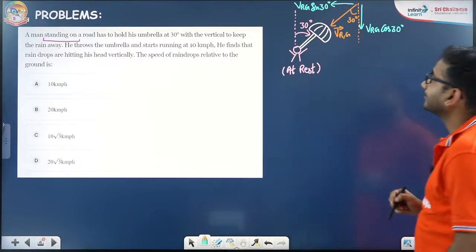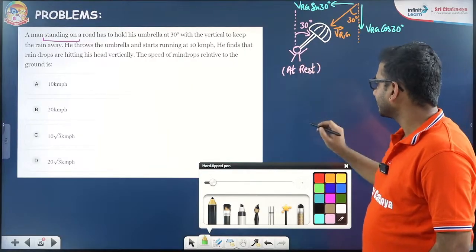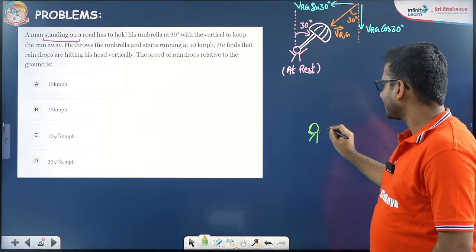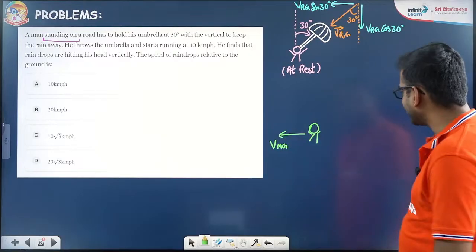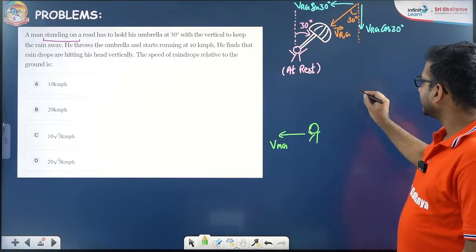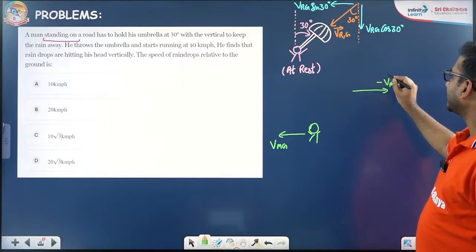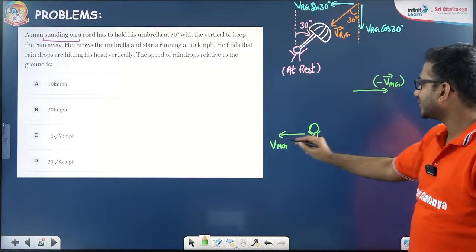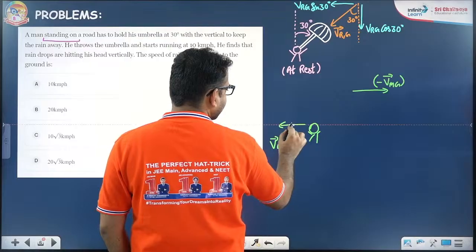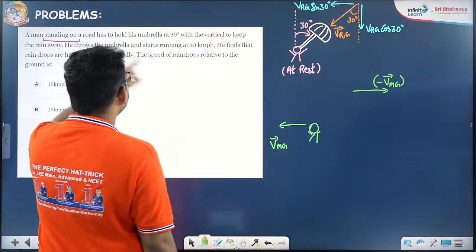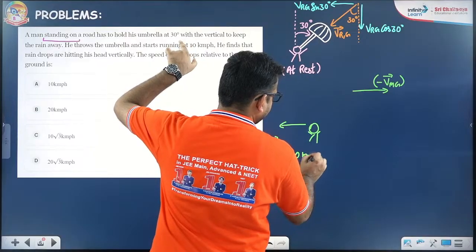All right. Now suppose the man is moving in this direction in the second situation, with velocity VMG. So here there will be minus VMG. You remember now that the vector in which you are interested is not the VMG vector; it is the minus VMG vector, at 10 km per hour.